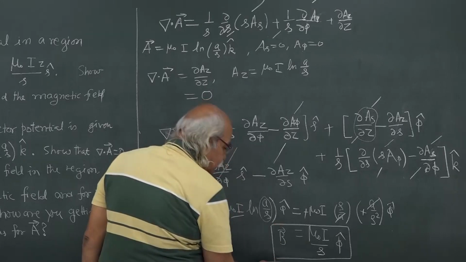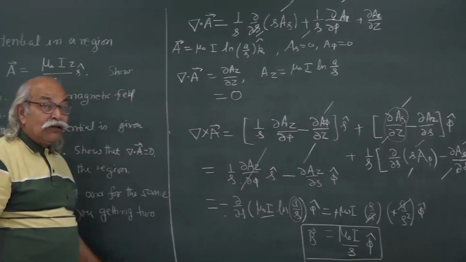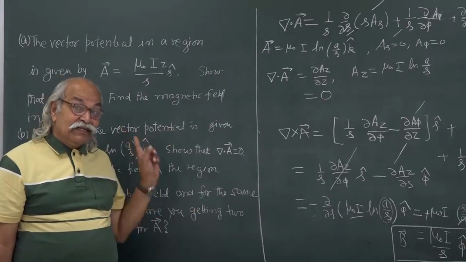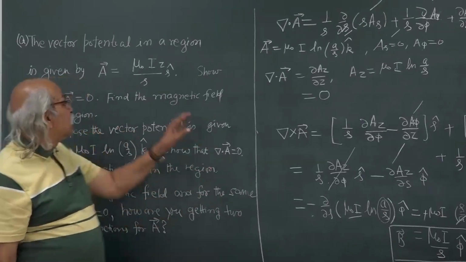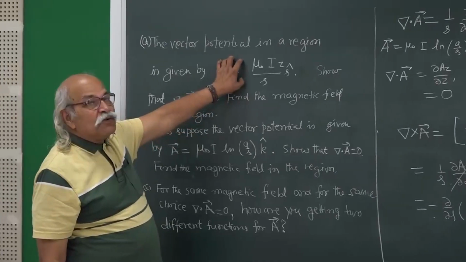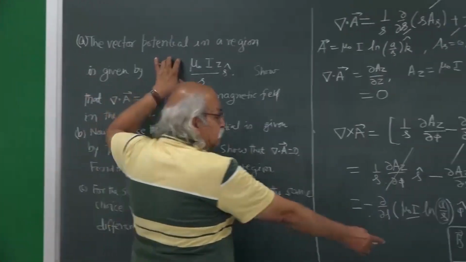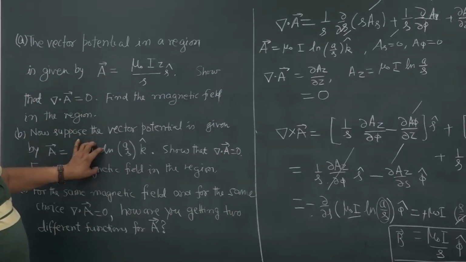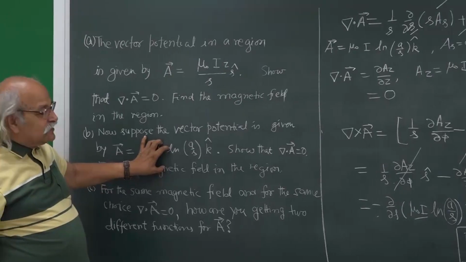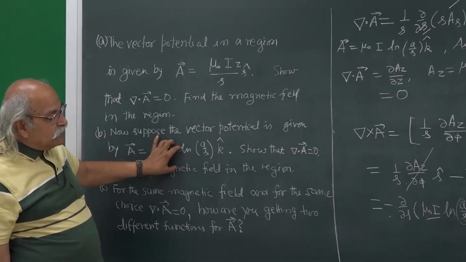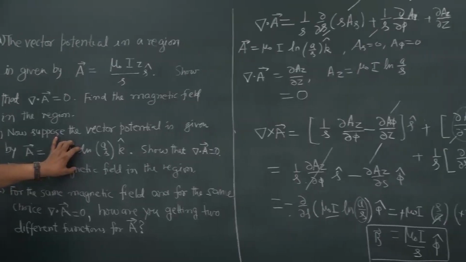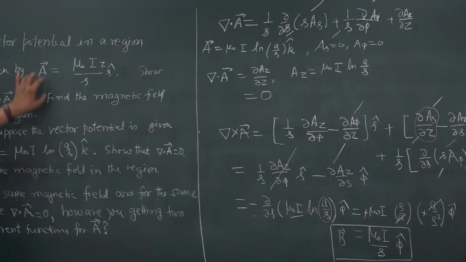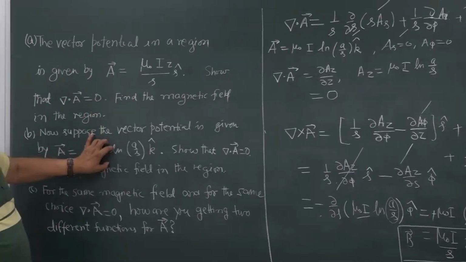Now, this was the magnetic field in part A also. So this vector potential also gives me the same magnetic field, mu naught I by S phi cap, and the choice of divergence of A equal to 0 is satisfied by this as well as the earlier one.